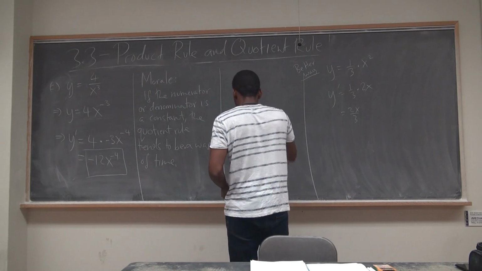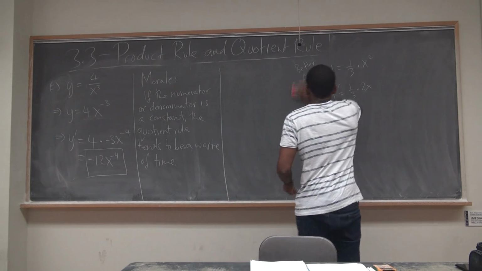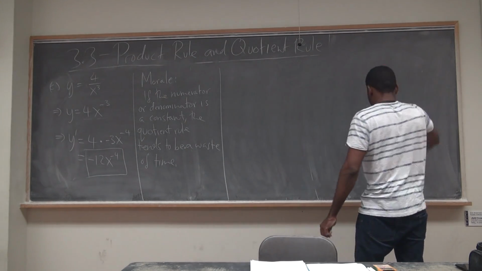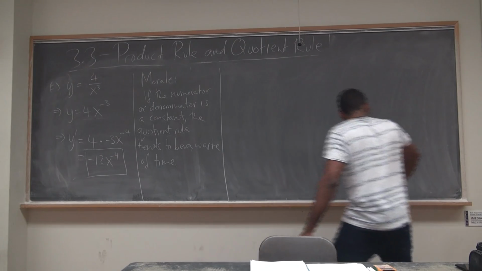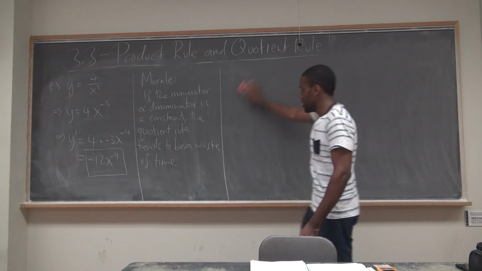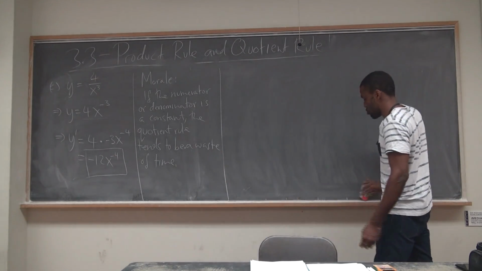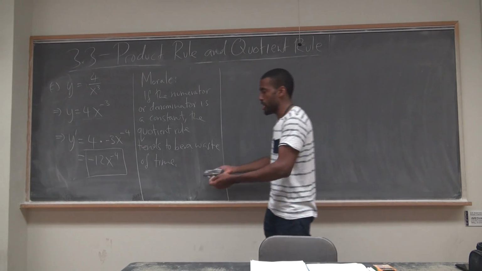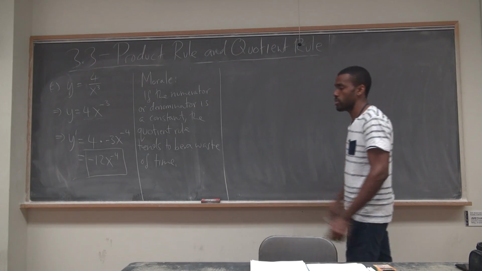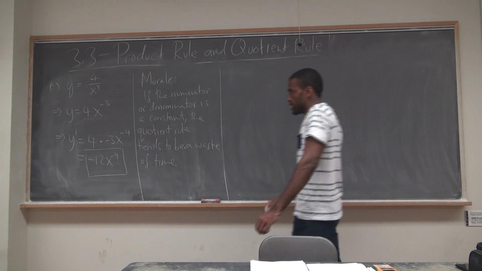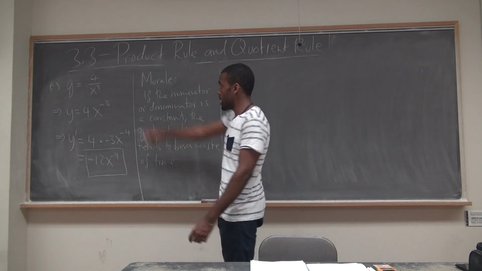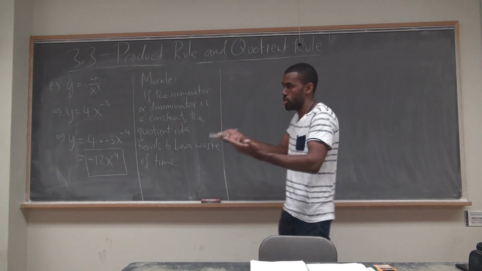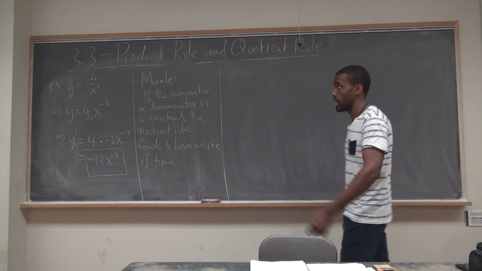It takes a little bit more observation, and it's worth it at the end of the day to not just generically run into some rule or property, but to actually look at the function and see, is this the best rule to apply? Or can I rewrite this function and use a simpler rule? It can save you a lot of headaches. So if my numerator or denominator is a constant, I wouldn't use the quotient rule, I'd just rewrite it and use the constant factor rule that we did in the last section.